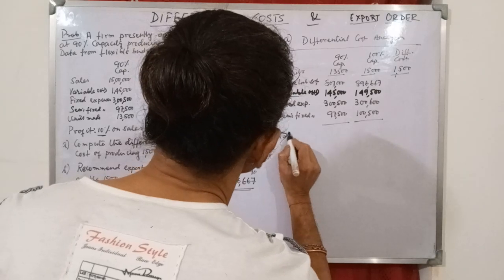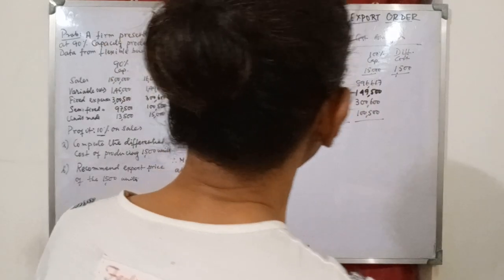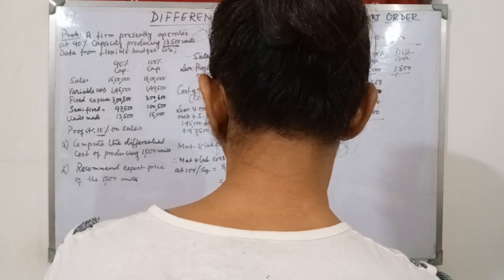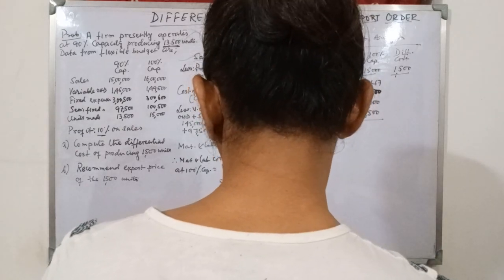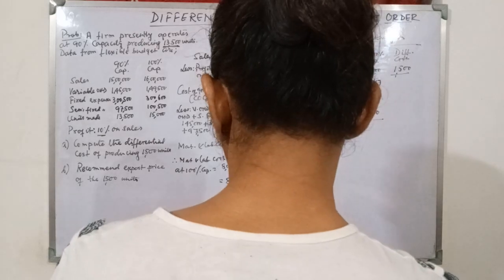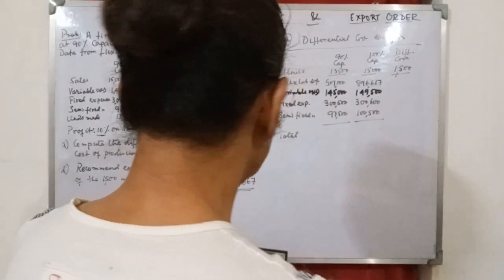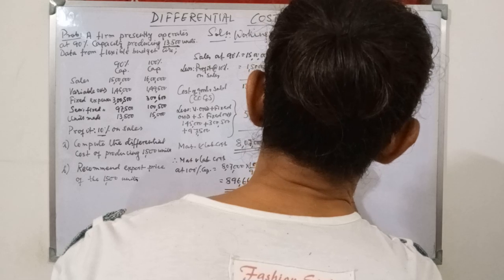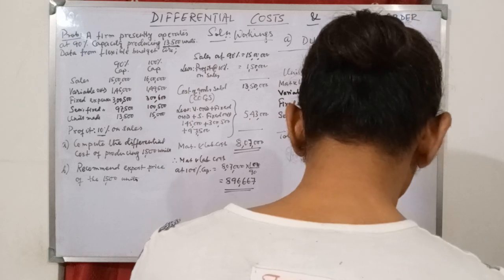So total would be, let us see, 8,07,000 plus 1,45,000 plus 3,500,000 plus 97,500. That is 13,50,000. And at 100% capacity, what is the total cost?